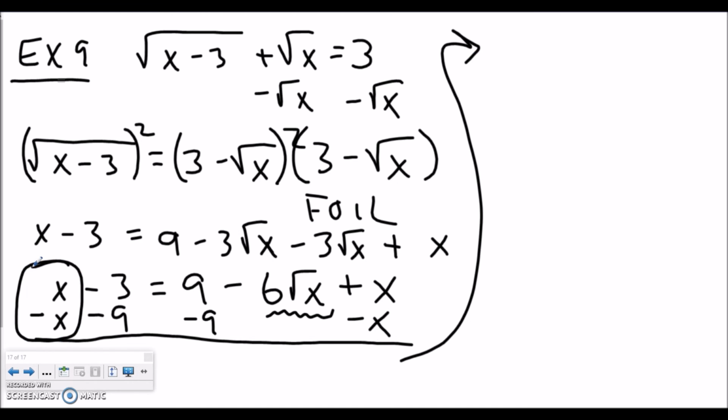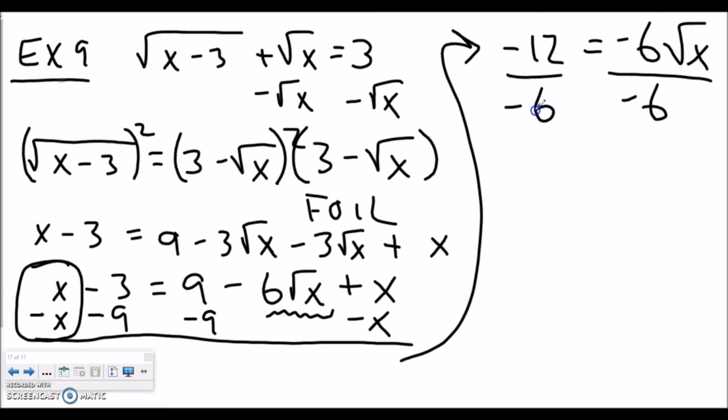That's amazing. And negative 3 minus 9 is just negative 12. And what am I left with on the right? Just negative 6 square roots of x. Divide both sides by negative 6. So 2 equals the square root of x. Square both sides. X equals 4.